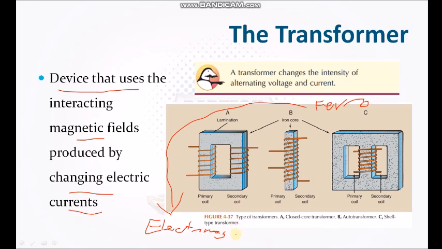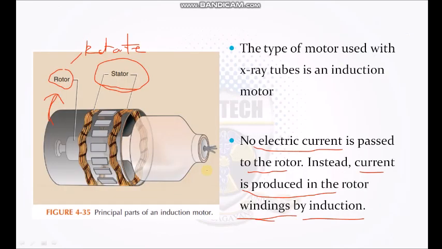Electromagnetic induction. Shortcut. Induction. Similar ito sa rotor and stator. Electricity is provided to the stator, and then the stator gives these ferromagnetic materials the ability to create magnetism.